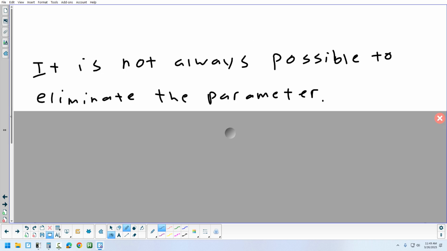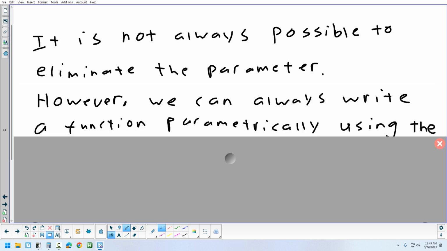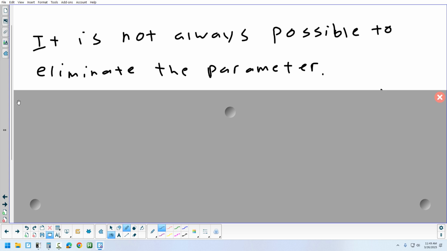Okay. So sometimes it is not possible to eliminate the parameter. Okay, that is an option. But if I give you a question and say eliminate the parameter, it will be doable. But I'm just letting you know, not everything can be eliminated.